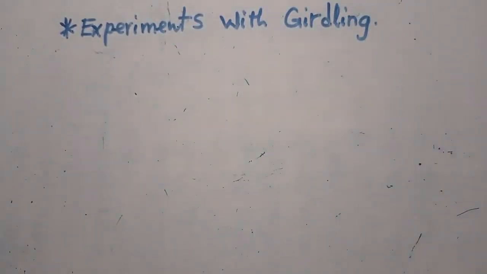So girdling, you just discover that this is a technique that involves removing or damaging the bark of a tree or a branch in a ring shape, all the way around the trunk or the branch.